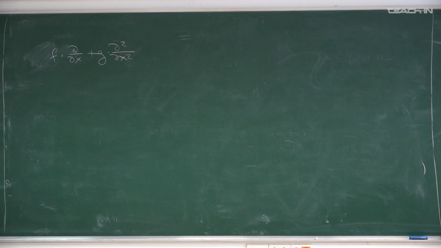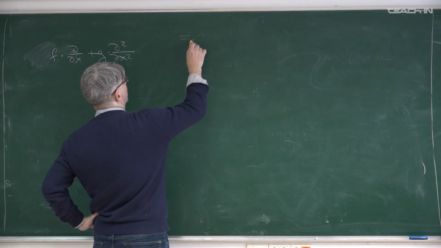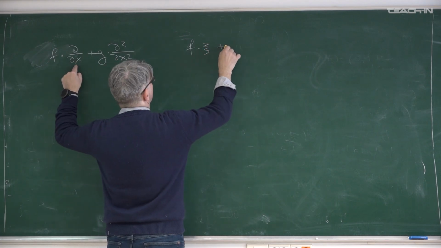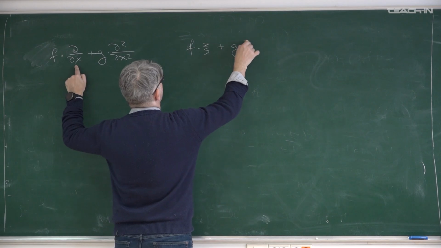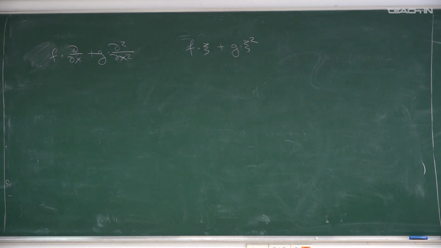It has symbol. What does it mean? Instead of derivative, you insert here a new variable. In physics, it's momenta. In differential geometry, it will be cotangent vector.